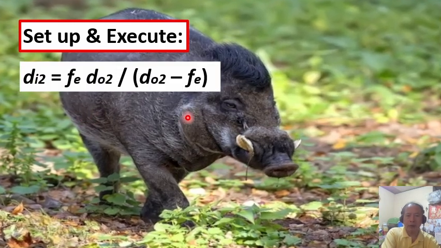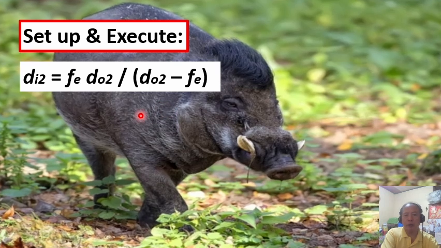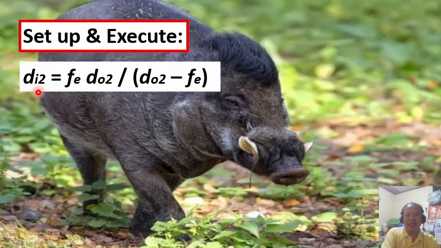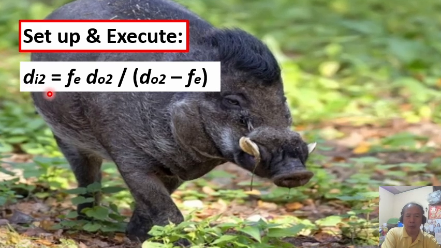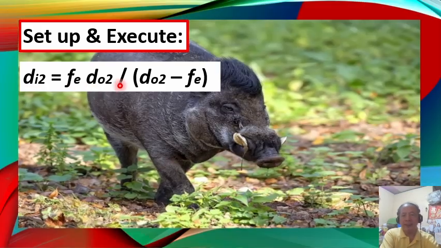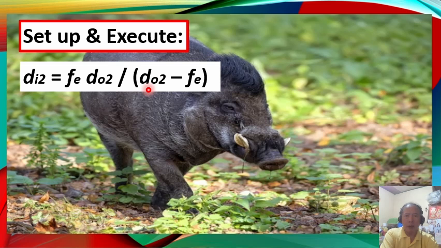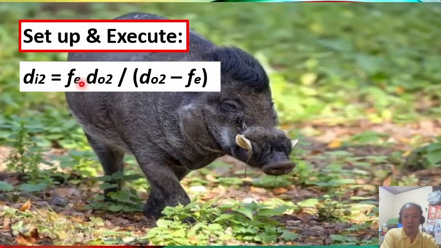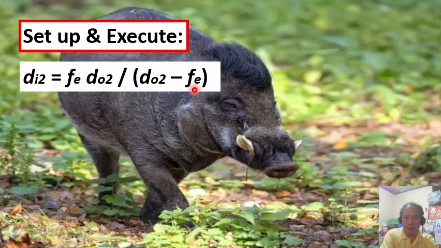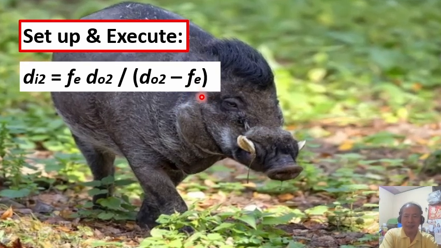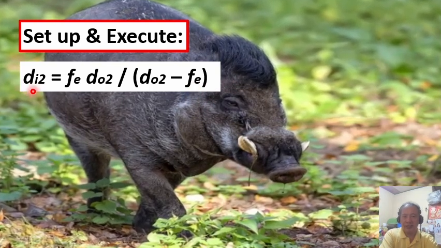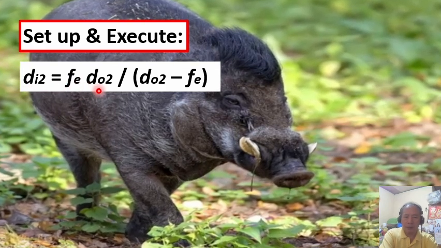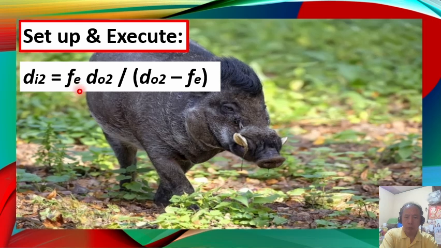And lastly, we now come to our computation for the distance, d sub I2, or how far is the final image from the eyepiece, right? Using the same modified thin lens equation. That is, d sub I2 equals fe times d sub O2, right?